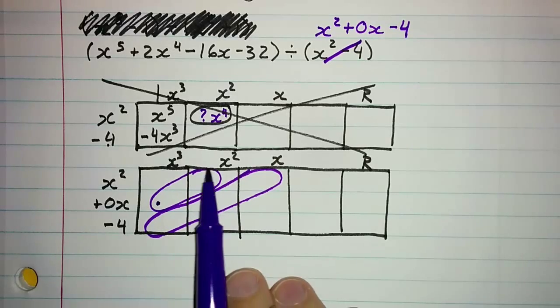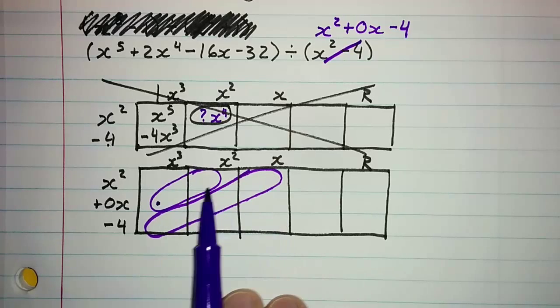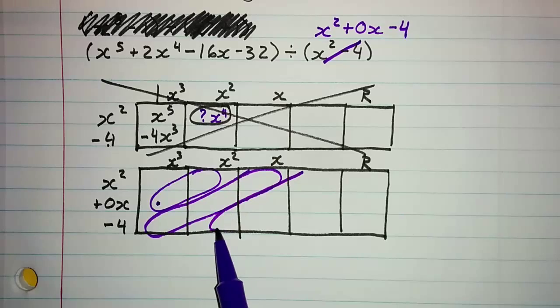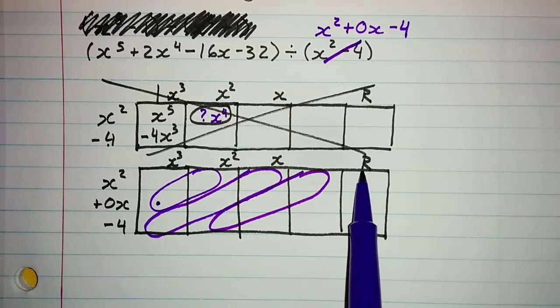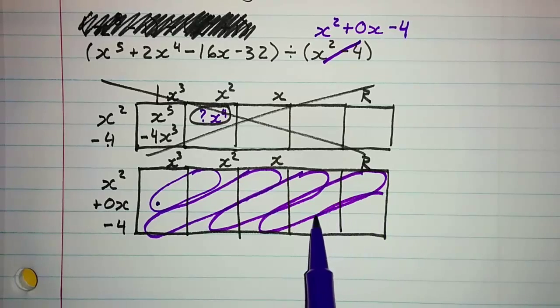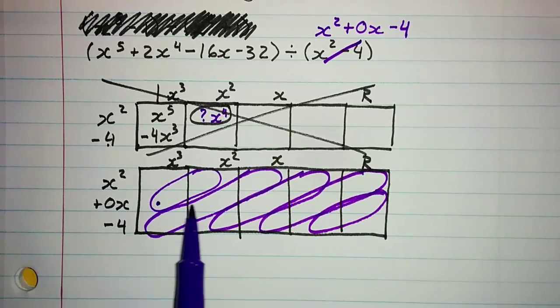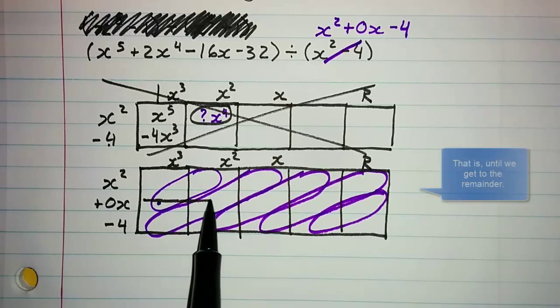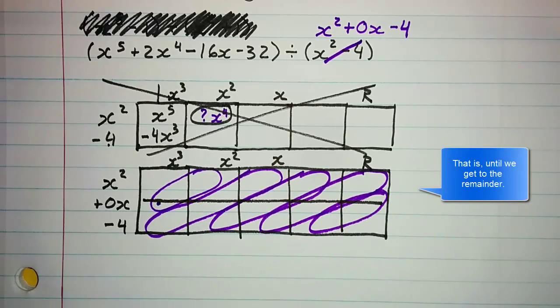Here I'll have x to the fourth terms along the diagonal, here x cubed, here x squared, here x, and here constant. Now this row is going to be particularly boring. It's always going to come from multiplying by 0x, so it's really always going to be 0. But it's going to keep my organization going.